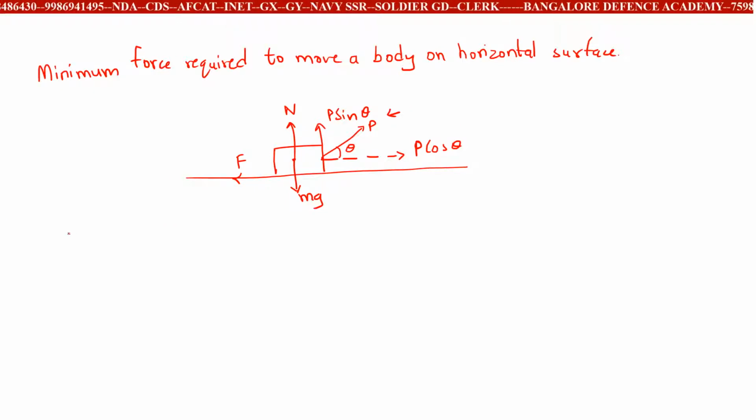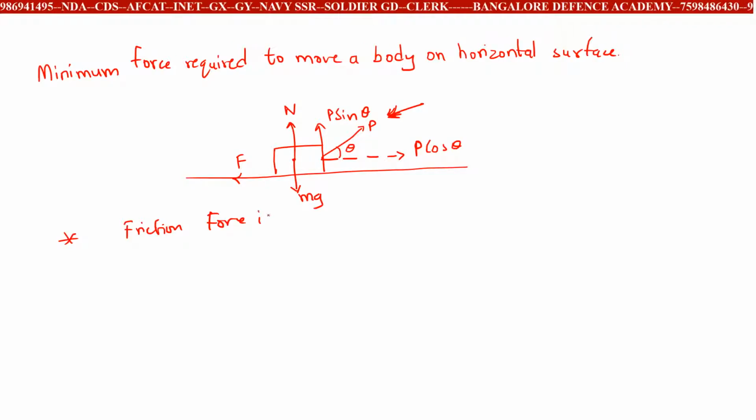Now try to understand, when I am applying the force P here, you can see from the diagram, there are two things which are going to happen. The first is, it reduces the normal reaction. That means the frictional force is reduced. You can take down: friction force is reduced. This is the first observation.